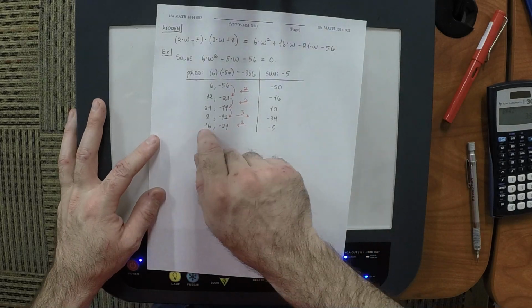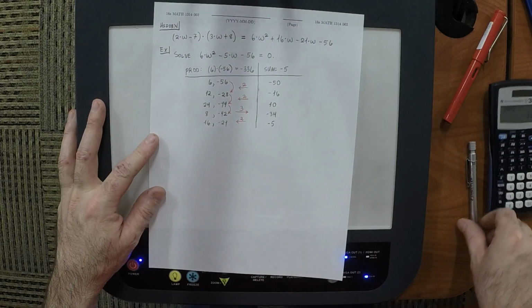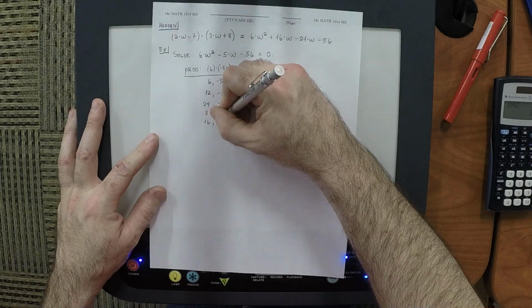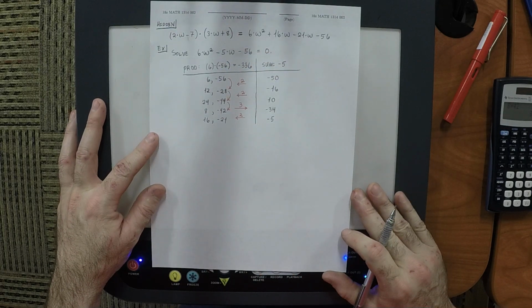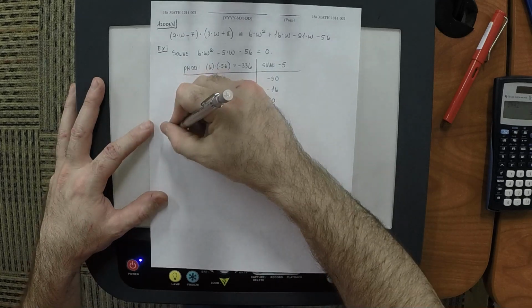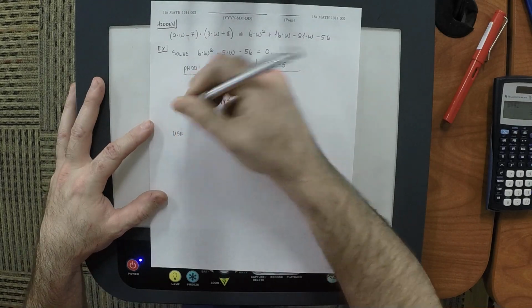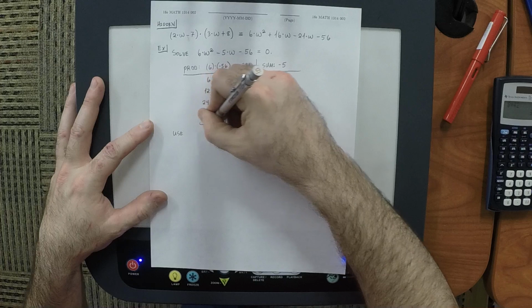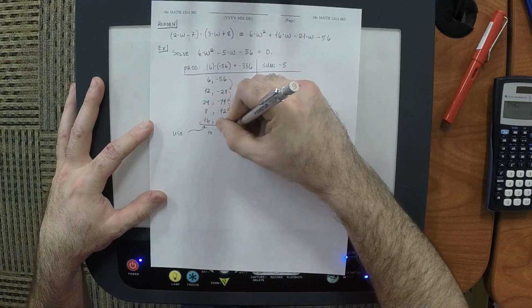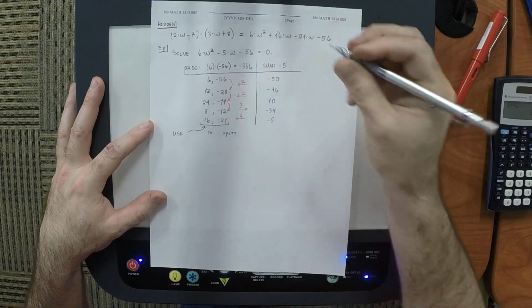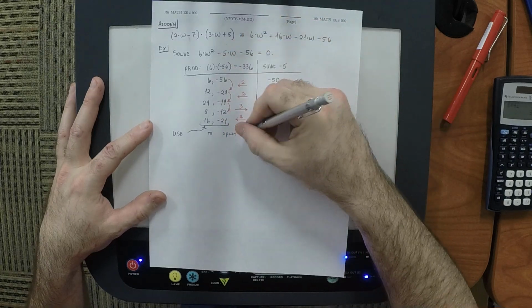So now that we've found 16 and negative 21, what is it that we need to do with them? Right. We're going to use these to split negative 5w.